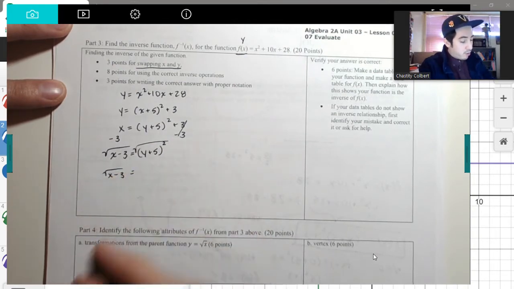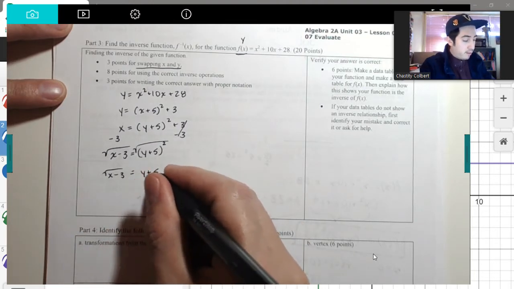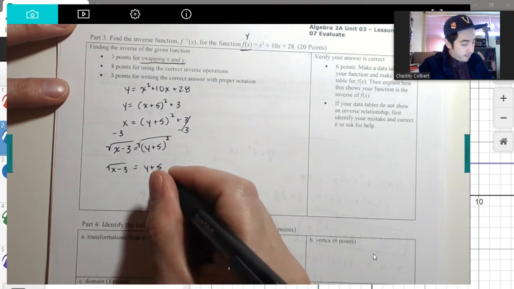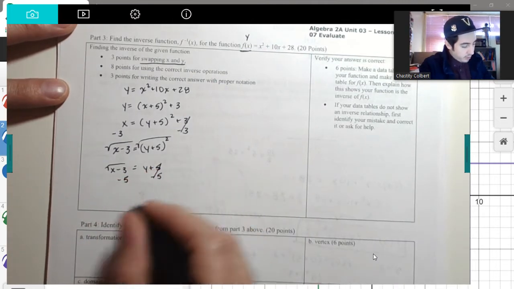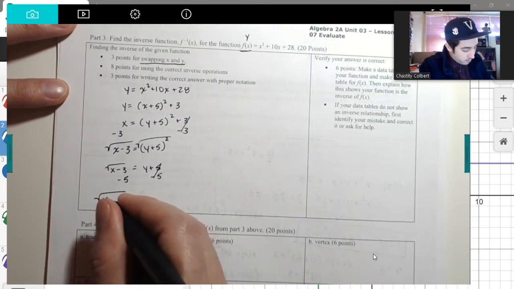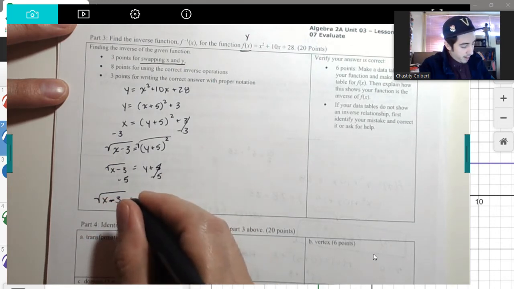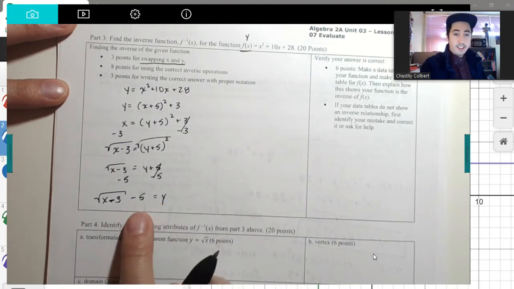So the square root of x minus 3 equals y plus 5. Almost have y by itself. Now you have to subtract 5. You get the square root of x minus 3, that's not a plus, that's a minus, minus 5 equals y. That'd be the inverse, right?